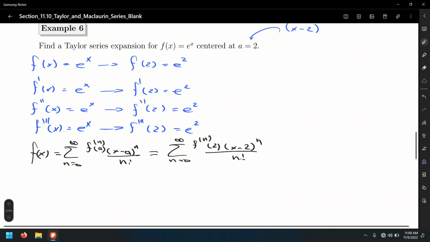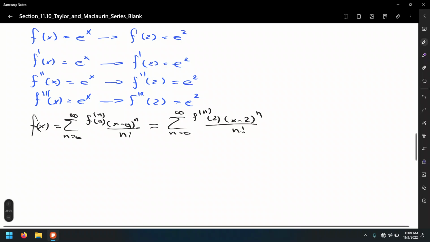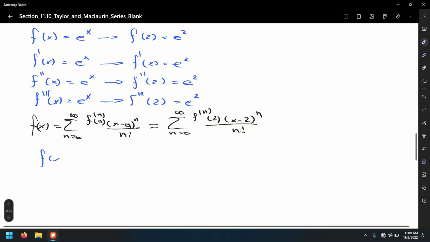So let's go ahead and write the terms for this power series. f of x equals f of 2 plus f prime of 2 times x minus 2 to the first power.